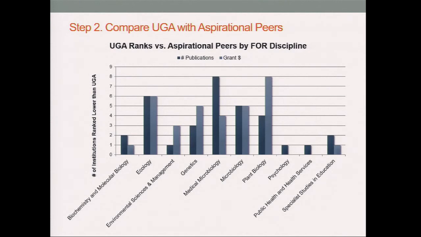And so the taller bars mean UGA is doing better. The darker gray is for numbers of publications, and the lighter gray is for grant money. Okay, so you can see that we're actually doing pretty well in terms of comparisons with our aspirational peer institutions in several of these disciplines.